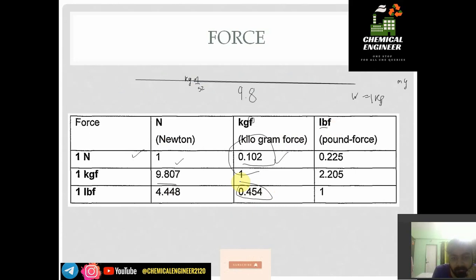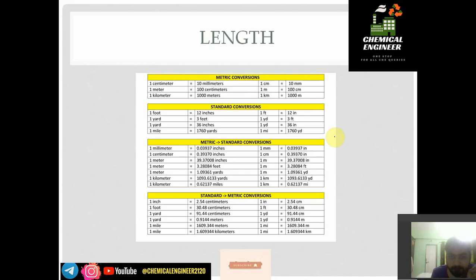So no need to worry about this, it is a simpler one. You can remember 1 Newton equals 1 by 9.8 kilogram force. You should remember this only. Generally no need to study pound force, but for information you should know it.